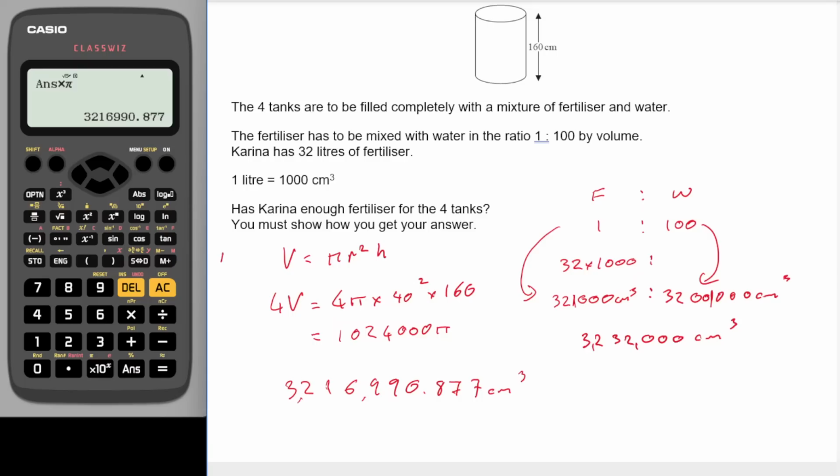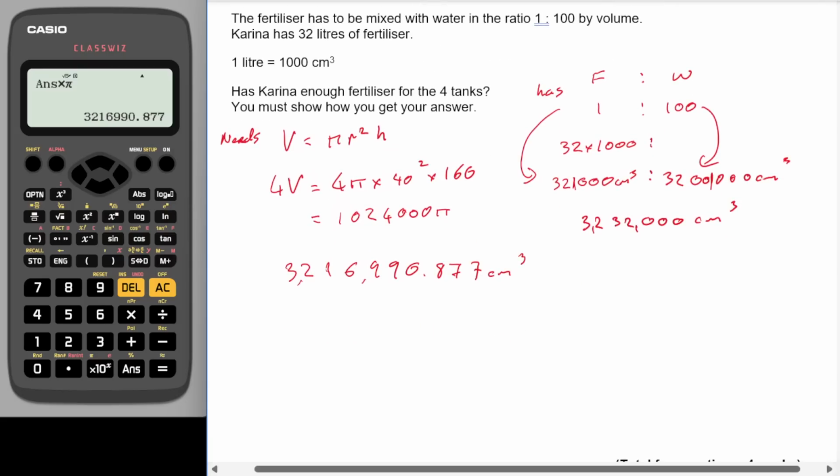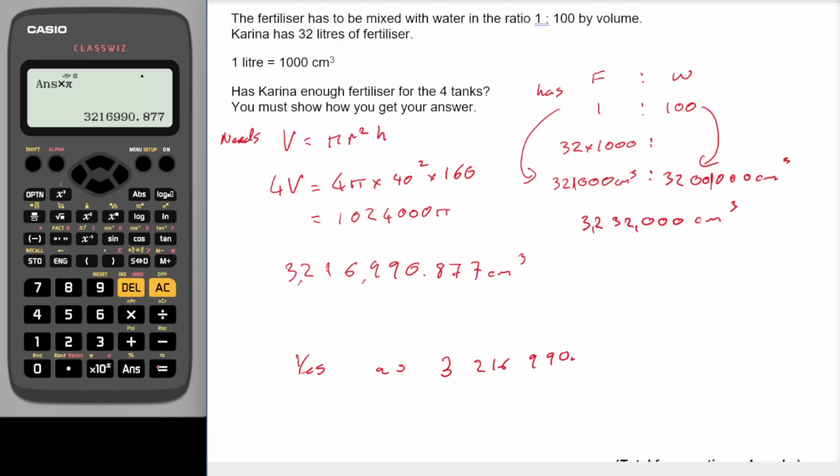So let's put what she needs and then what she has. So does she have enough? Yes, she does, as 3,216,990.877 is less than 3,232,000 centimeters cubed.